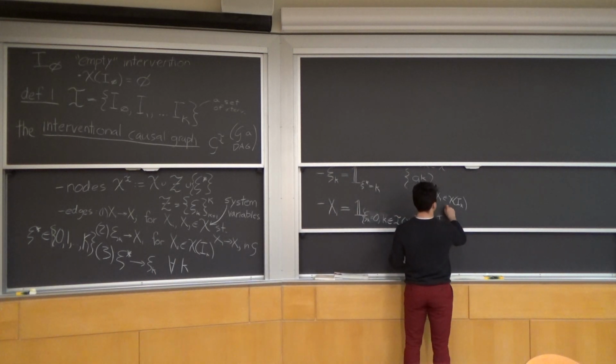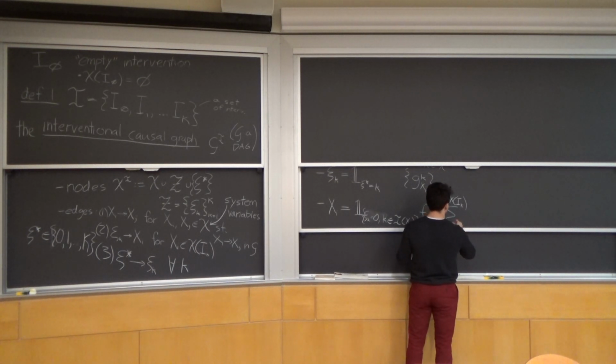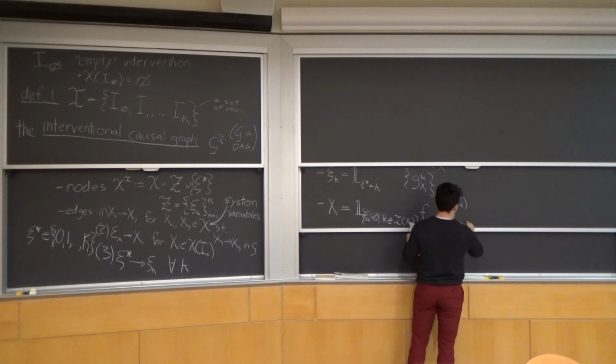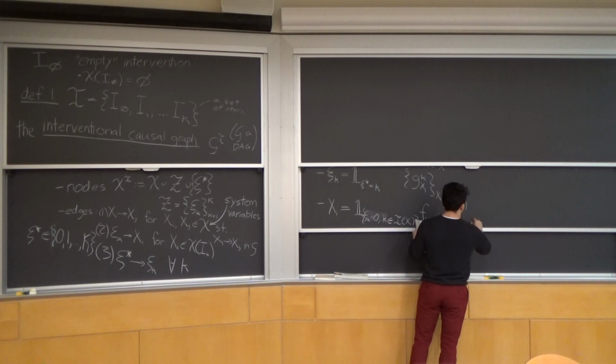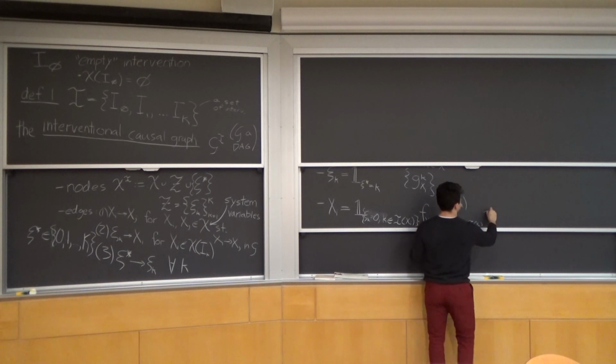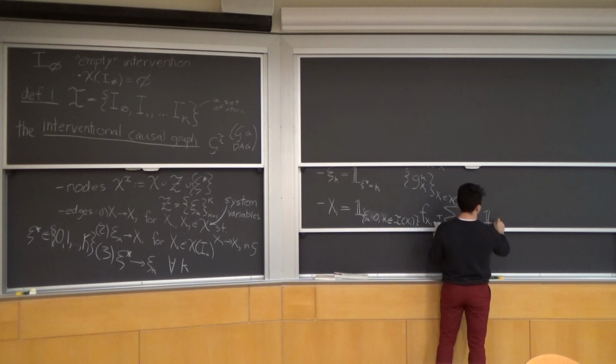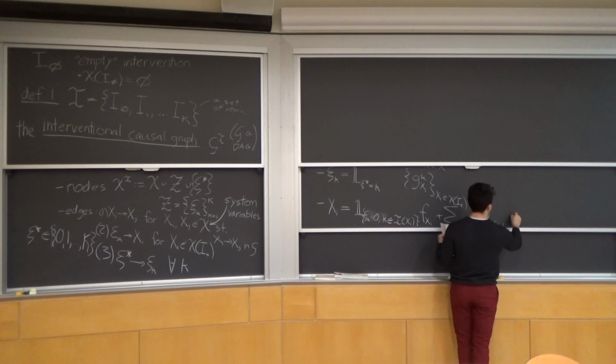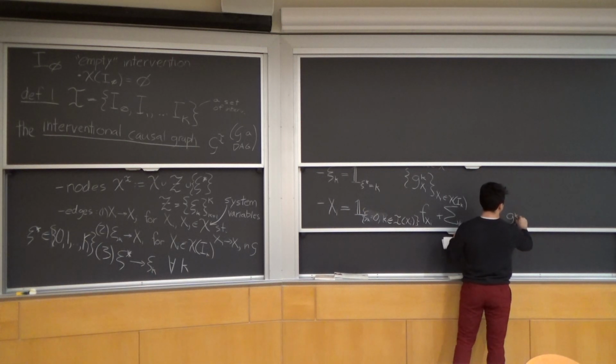And otherwise, I will use one of the interventional ones. So this would be 1 if that zeta k equals 1, and then times this g_{x_i}^k.